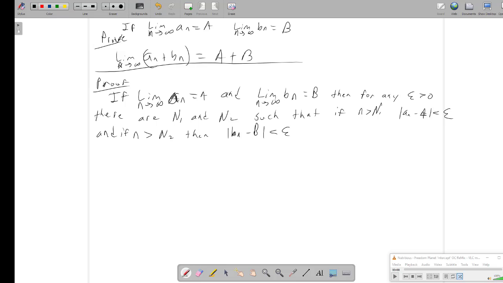I got both my differences here bounded by epsilon. I'm going to let capital N equal the maximum of N1 and N2.